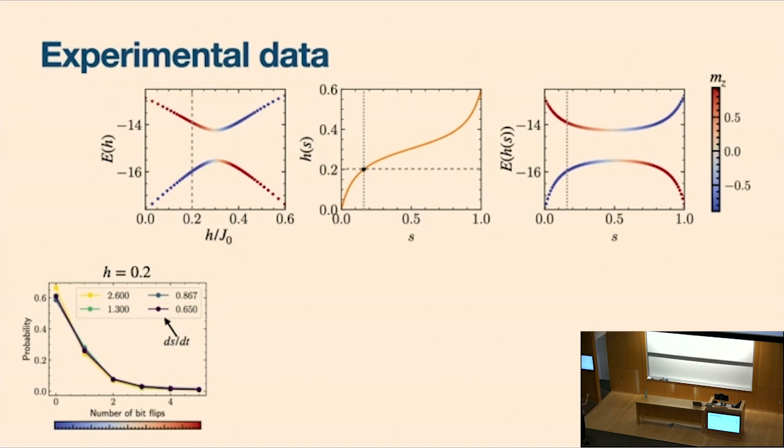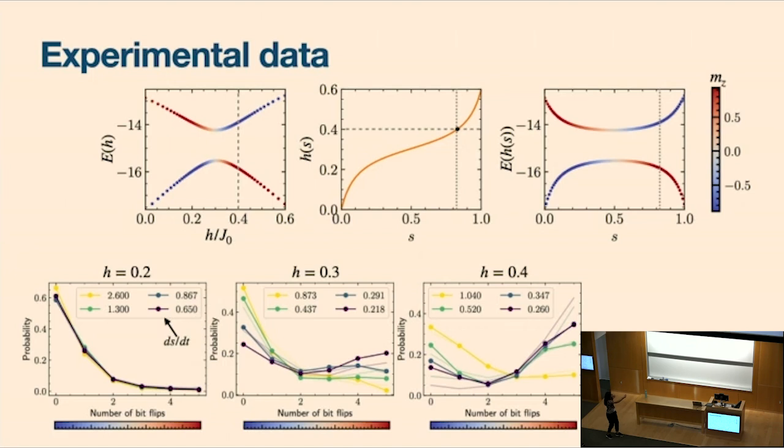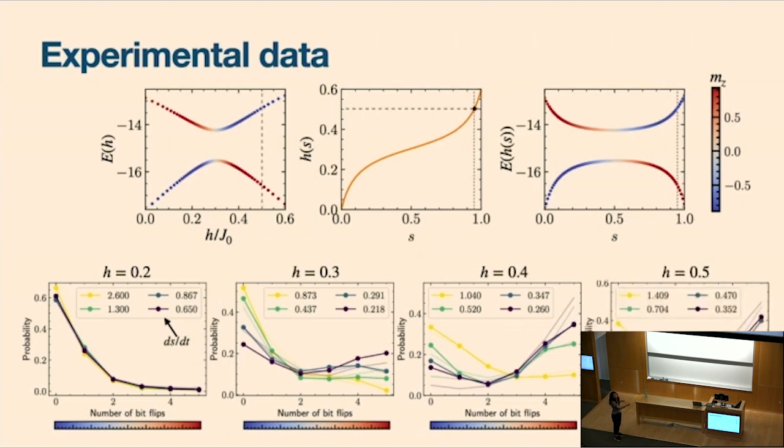Okay, so here you see that if you stop here, before the string breaking point, there is no dependence on the speed. This is quite expected. You're basically adiabatic. Now, if you stop instead here, at the string breaking point, you start to see some dependence on the speed. And as you go past the string breaking point, you see more and more this dependence.